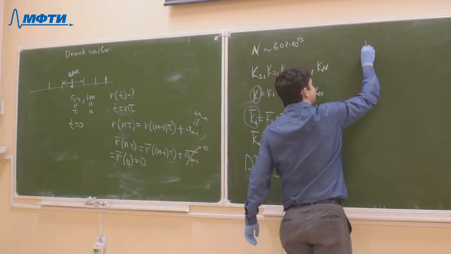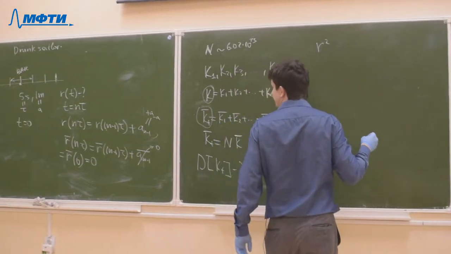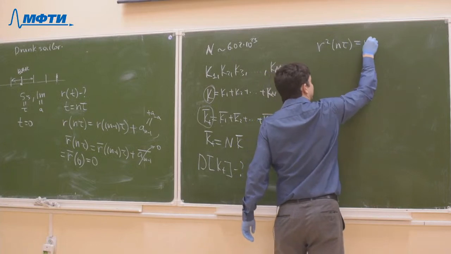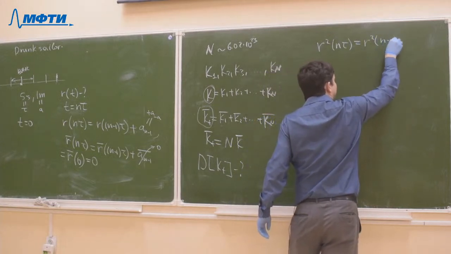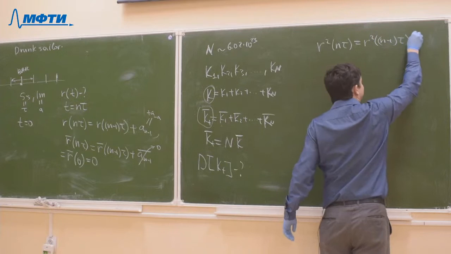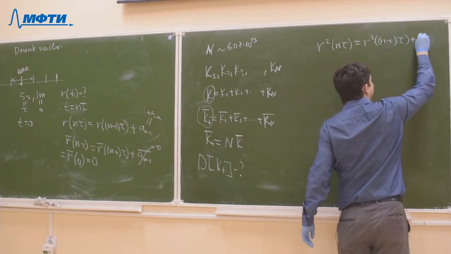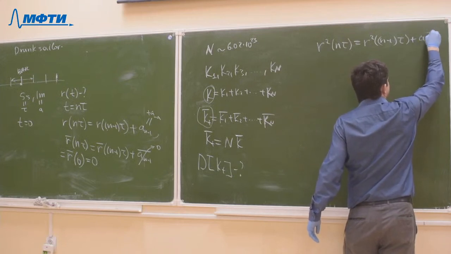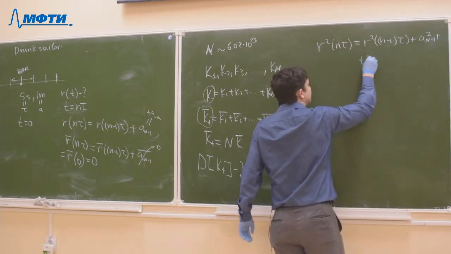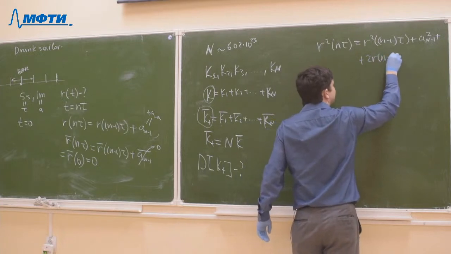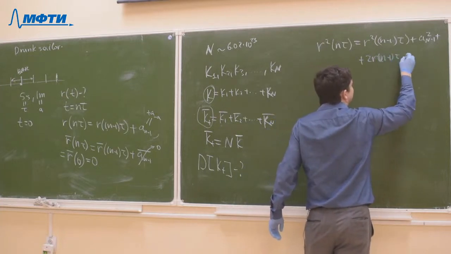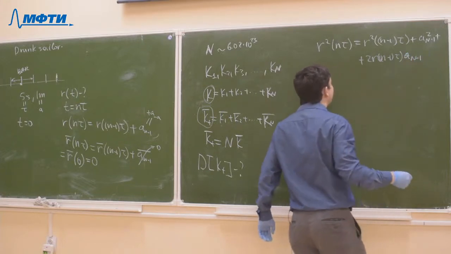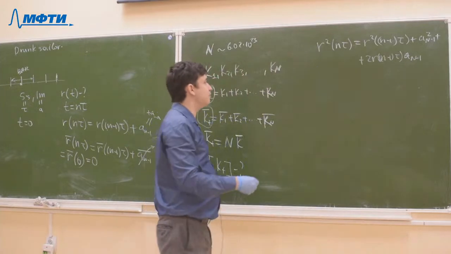Let's consider how the squared distance from the bar behaves as a function of time. Then let's take the average of this number.